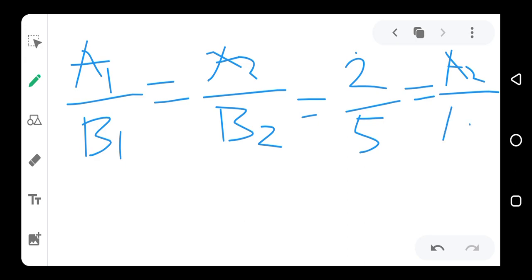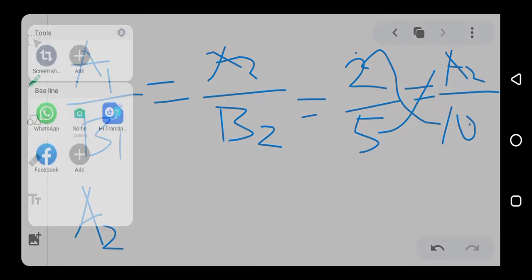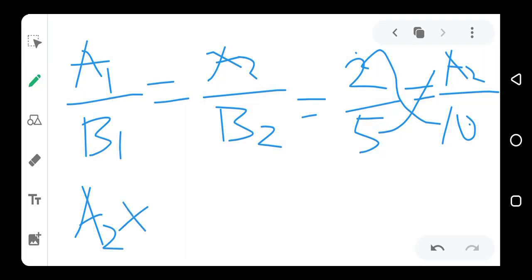A2 over 10. Now that we have this, we do cross multiplication, bring this one to this and take this one to this. So it becomes that A2 times 5 is equal to 2 times 10.